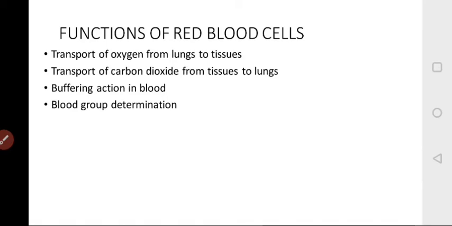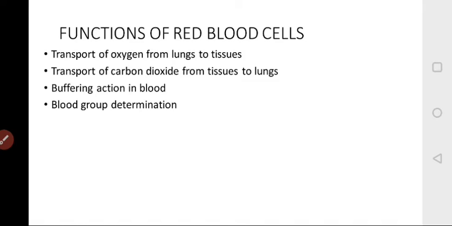Second, transport of carbon dioxide from tissues to the lungs. The hemoglobin combines with carbon dioxide and forms carboxyhemoglobin. About 30% of carbon dioxide is transported in this form.